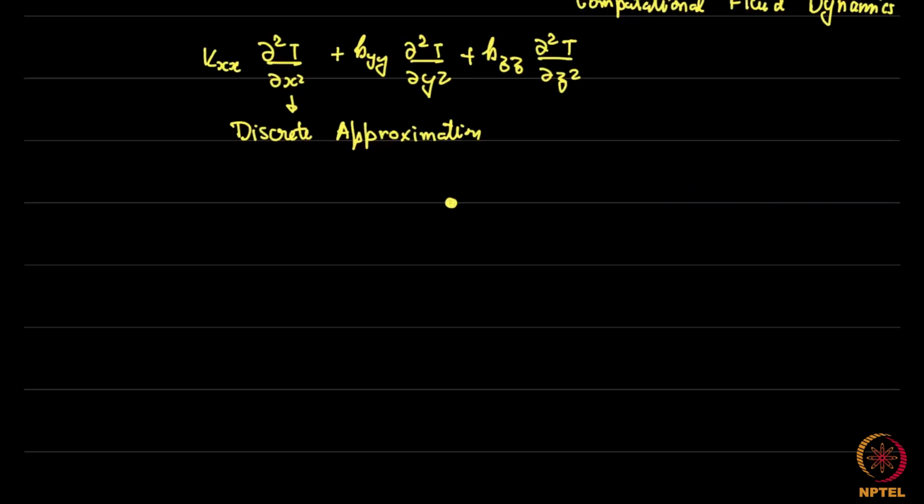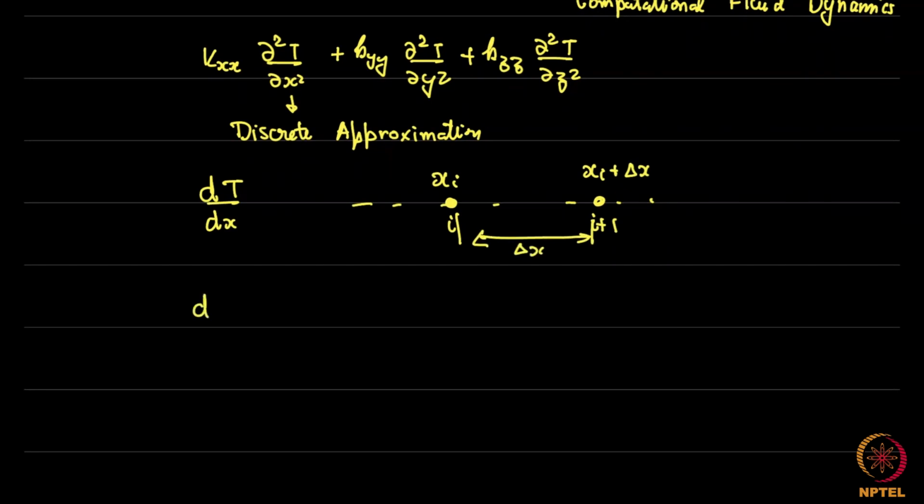If you have 2 points, let us say, and we are looking at a simple one-dimensional derivative dT dx, then since we have information only at a finite number of points, let's say this is at xi, this is at xi plus some delta x, then you will say that dT dx is approximately T at xi plus delta x minus T at xi divided by delta x.